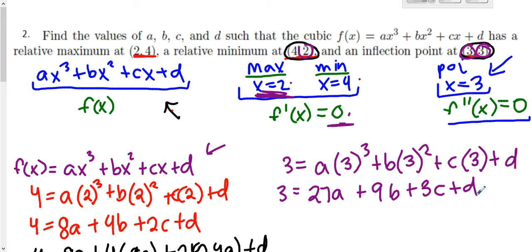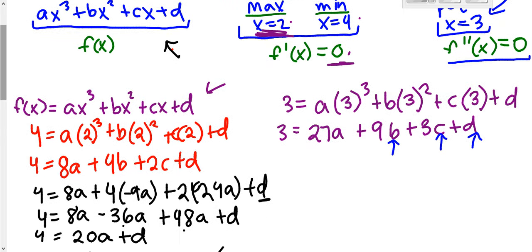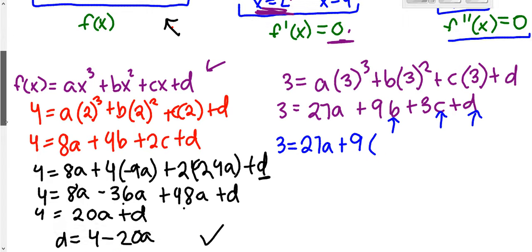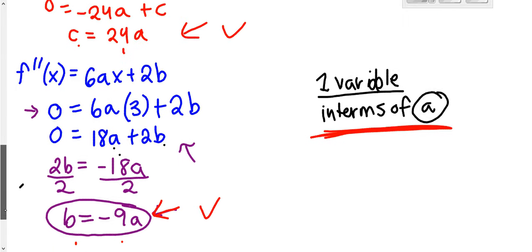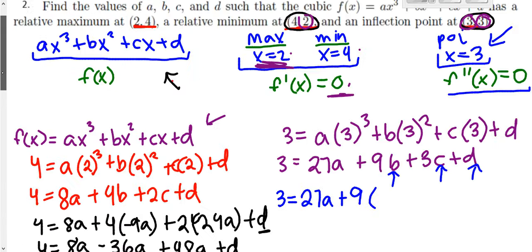All right, we're going to make all of these in terms of a. B is in terms of a, C is in terms of a, and D is in terms of a. So our equation becomes 3 equals 27a, a is already a, plus 9 times b. B is negative 9a, so let's plug that in.